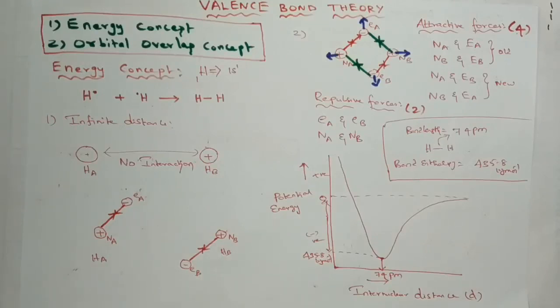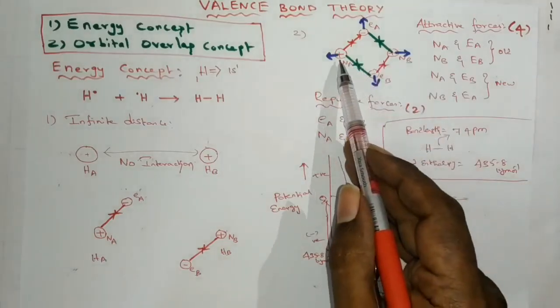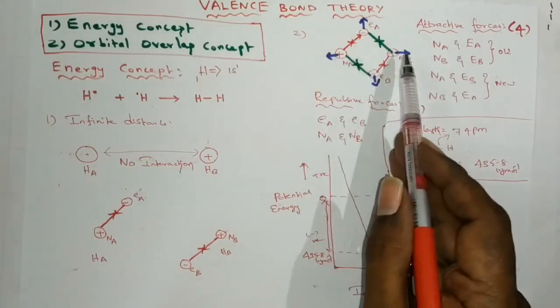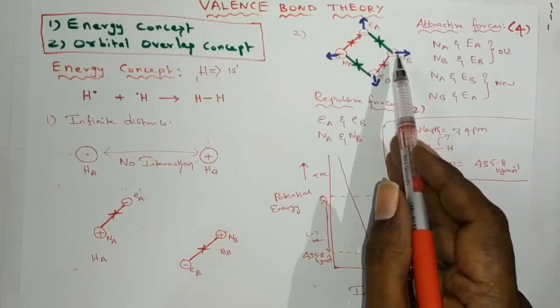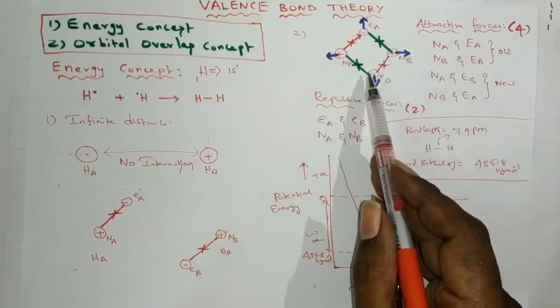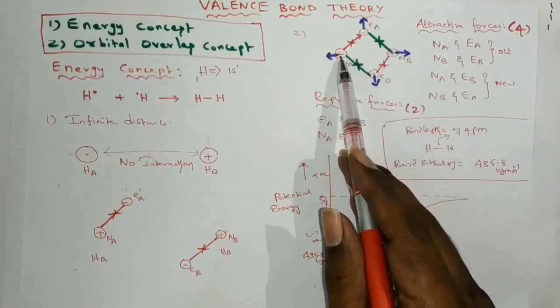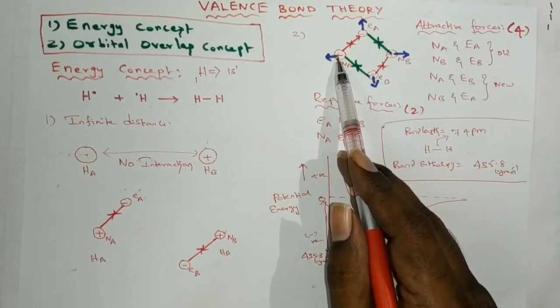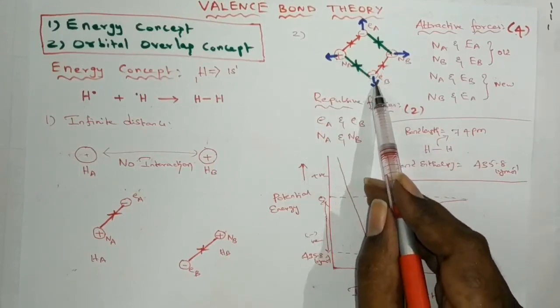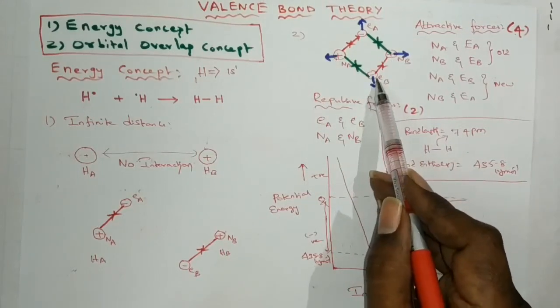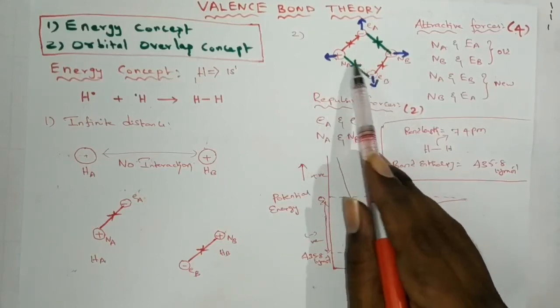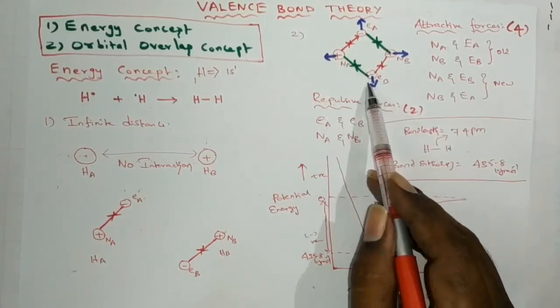As they begin to come closer, new forces of attraction as well as forces of repulsion also operate. So this is the situation when the two atoms come close to each other. What are the new forces of attraction? When they approach each other, the nucleus of hydrogen atom A attracts the electron of hydrogen atom B. This is a new force of attraction.